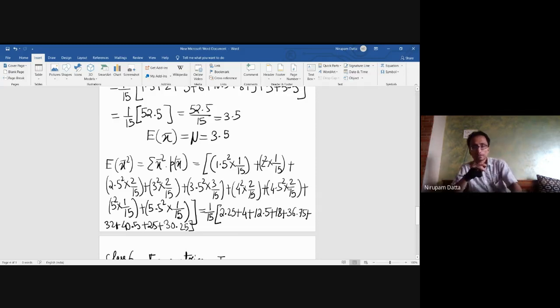Okay, so let us check. 2.25, 4, 6.25 into 2, that is 12.5 plus 3 square 18, 3.5 square, that is 12.25 into 3, that is 36.75 plus 16, 4.5 square, that is 20.25 into 2, 40.5 plus 25, 5.5 square, 30.25.